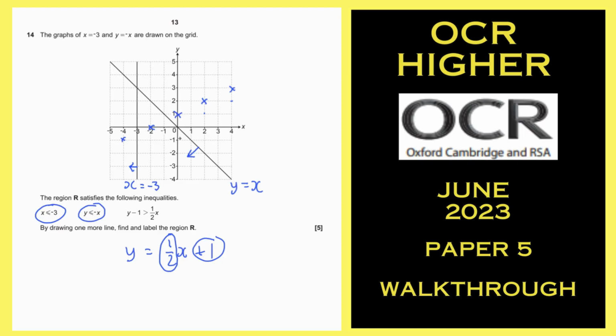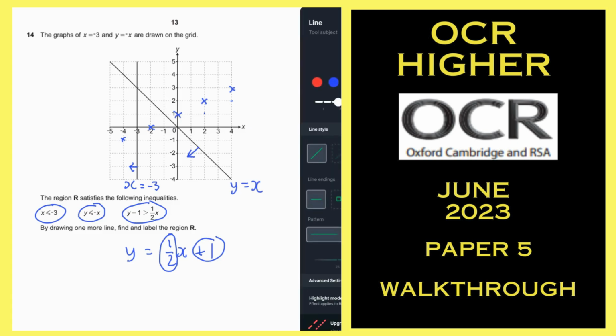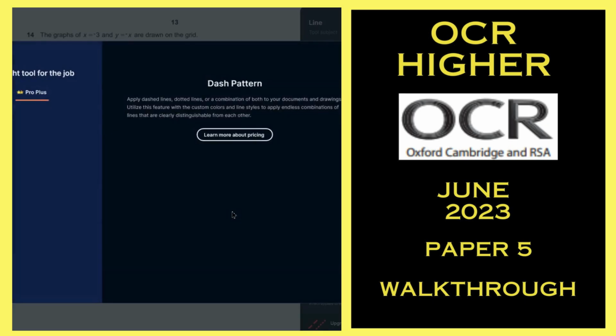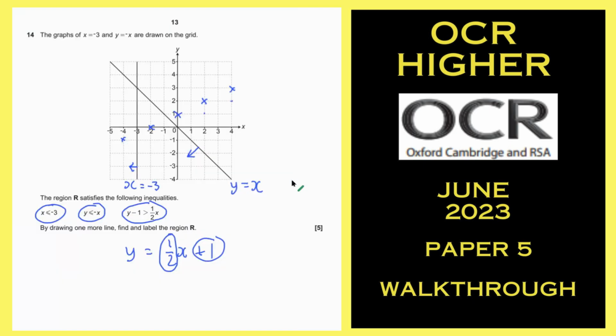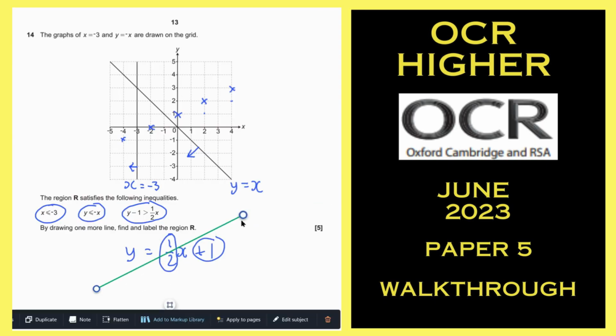Now, the difference is the line you are drawing has not got the equals to part of that line. My little line drawing thing, I don't think will do dotted lines. As you can see, I'm only using the free version, so I can't do dotted lines. So I'm going to have to draw a line like that.